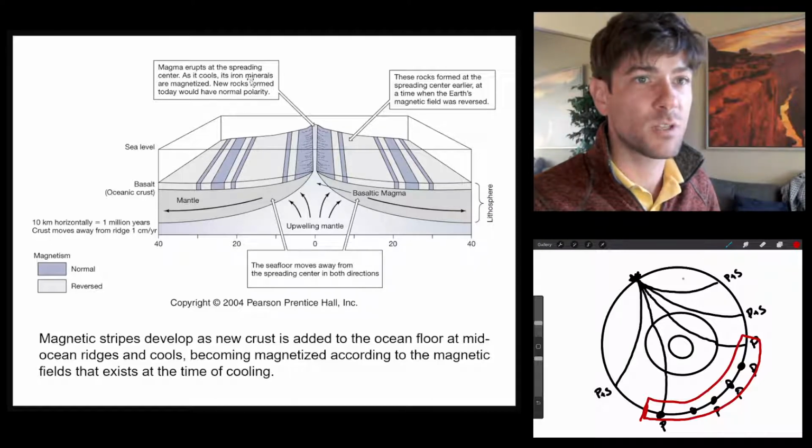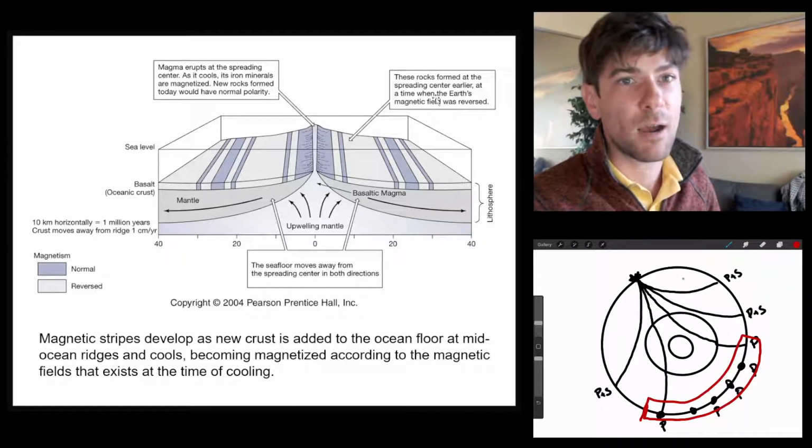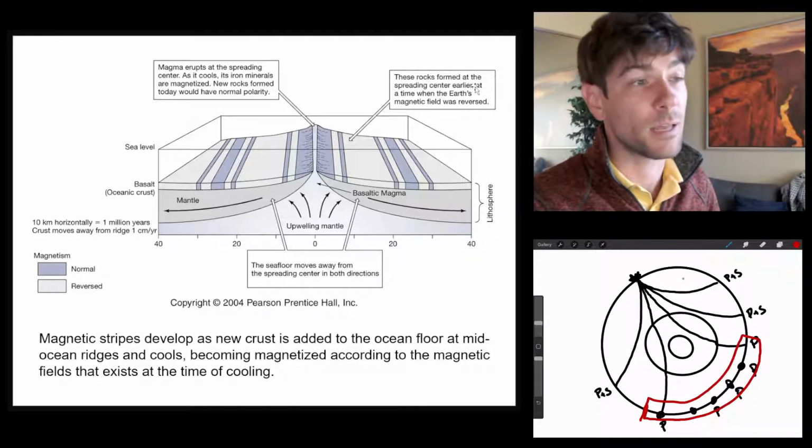As it cools, its iron minerals are magnetized. New rock forming today would have normal polarity. However, these rocks here formed at a time in Earth's past when the Earth's magnetic field was reversed, and so they record reverse polarity. And if you look at either side of the ridge, you see this symmetry, right?